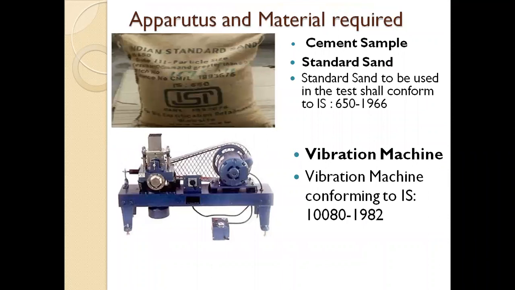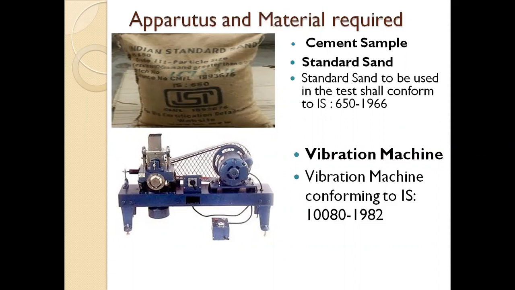Next is apparatus and material required. First is the cement sample to be tested, for which we need to determine the compressive strength. Standard sand is used for the compressive strength test of the cement. We can also use regular natural sand for the test, but for the actual, correct result, we use the standard sand.